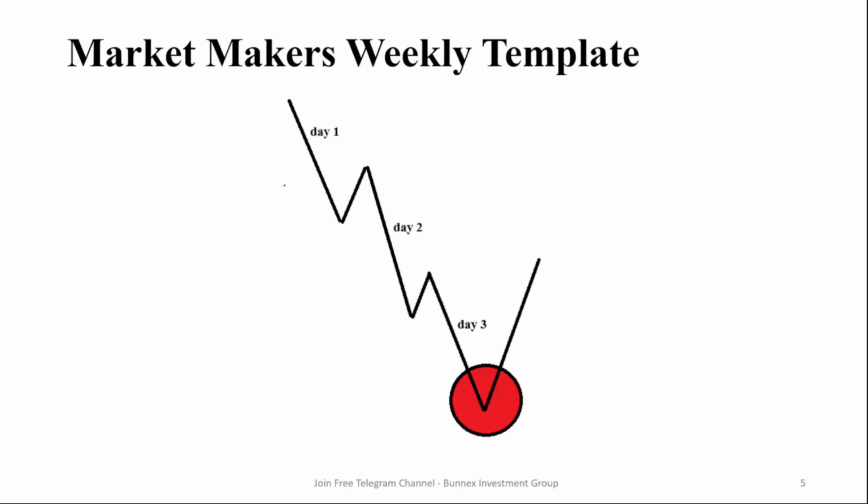All right, so basically we need to first define the market maker's weekly cycle for us to understand this particular pattern. In the market weekly cycle, we have levels whereby we talk of impulses to the downside or to the upside. Whenever we see 3 days in one particular direction that are breaking the low of the previous day or breaking the low of the previous consolidation, we call it a level.